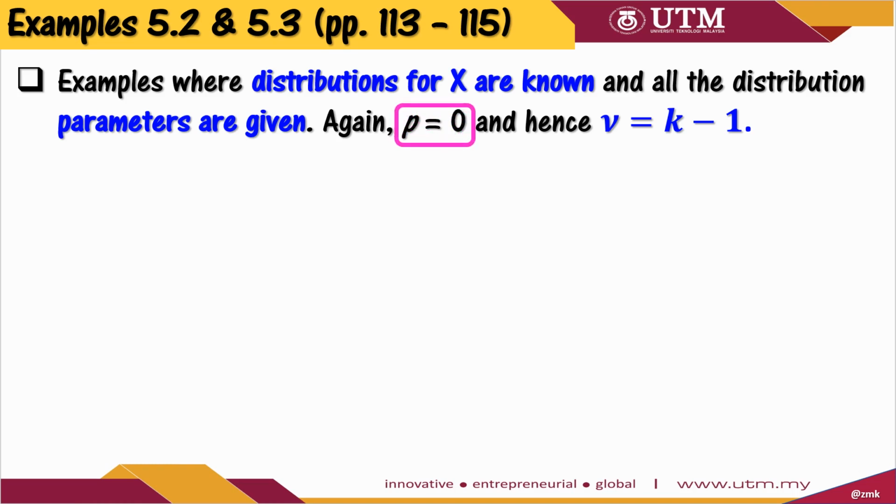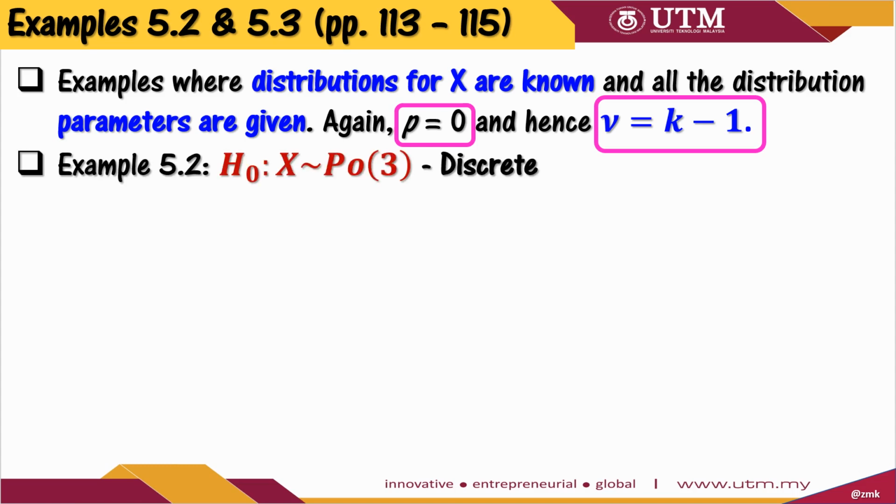And hence, the degrees of freedom nu equal the number of classes k minus 1. For example, in example 5.2, under H0, we have a random variable x, which is the number of students who played truancy, following a discrete Poisson distribution with mean 3 per day. So, the parameter lambda is known to be 3, and we do not have to estimate this parameter value since it is given.